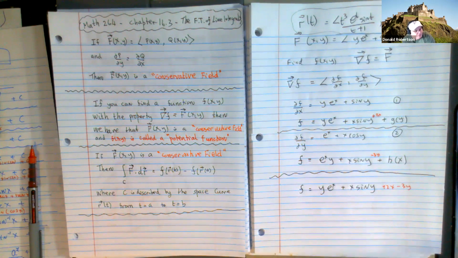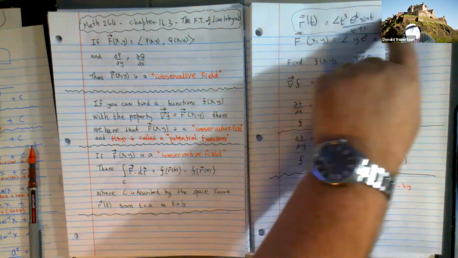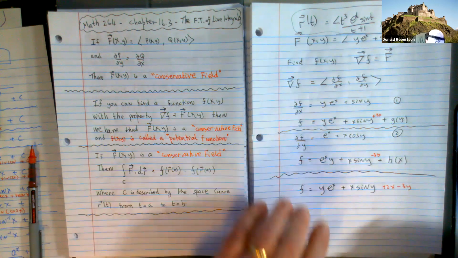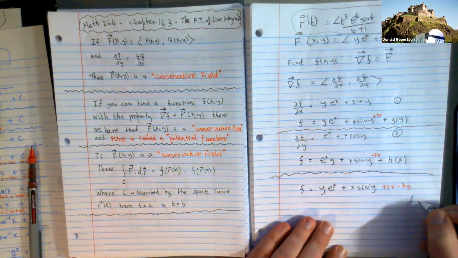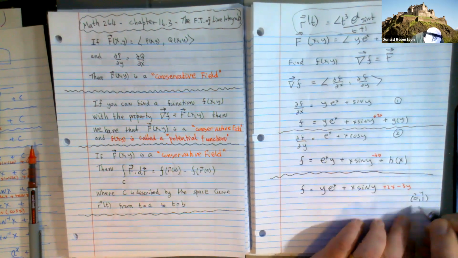If I have the potential function, I don't care how ugly that is. Don't I just need to know where does the point start and where does it finish? And so can we pretend that it started at the point 0, 1, that'll be x and y, and it finished at the point 1, 2.